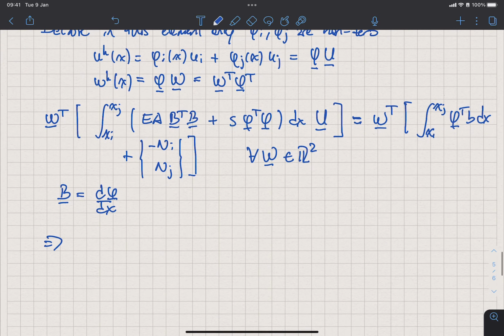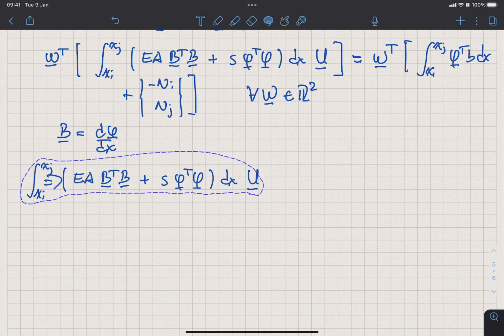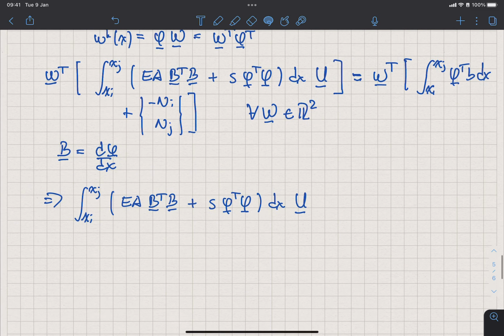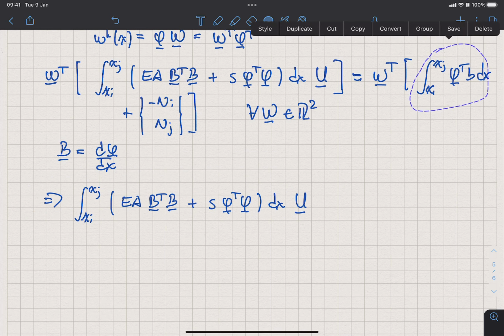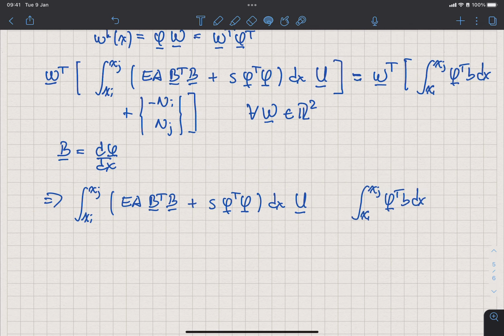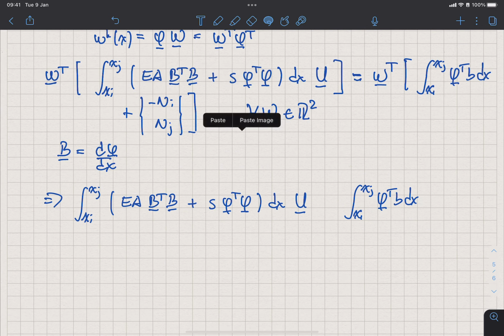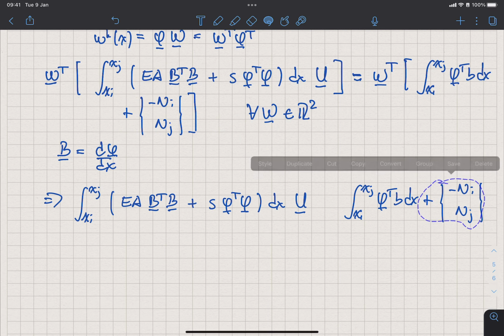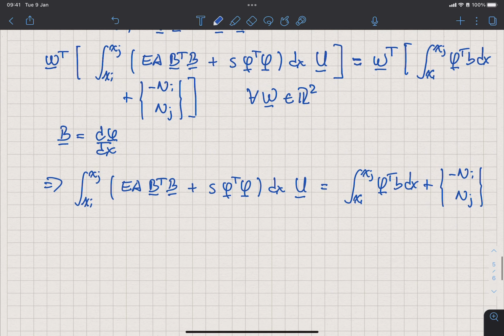Okay, so I'm going to just copy this. And then what we have here is, I'm going to use another color, this term here and this term here.